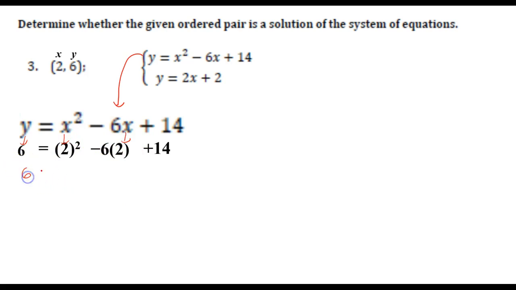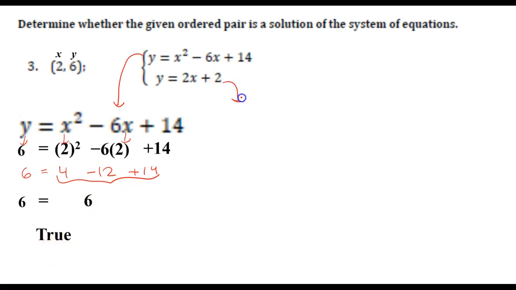So that would be 6 equals 2 squared would be 4 minus 12 plus 14. So we can work that out and see if 6 is equal to, what would that be? 6. Awesome.